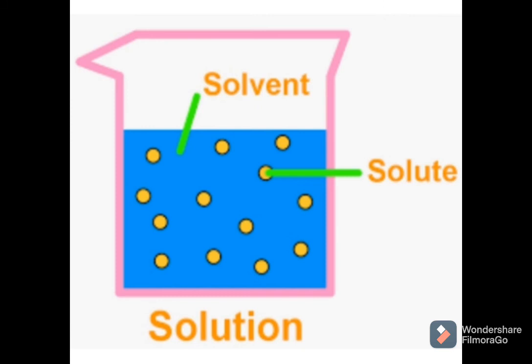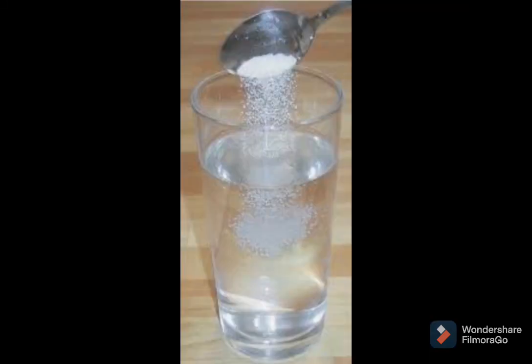To understand concentration, I will give you an example of salt and water. Suppose I take water and add salt into that water. After dissolving salt in water, a salt solution is formed. The measure of salt present in this solution is the salt concentration, and the measure of water present in the solution is called the water concentration.